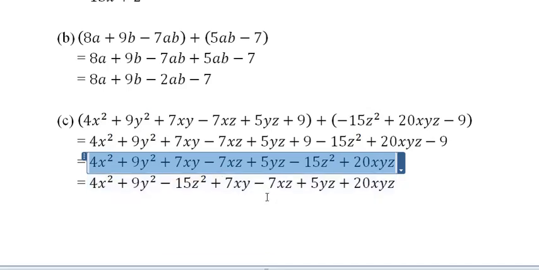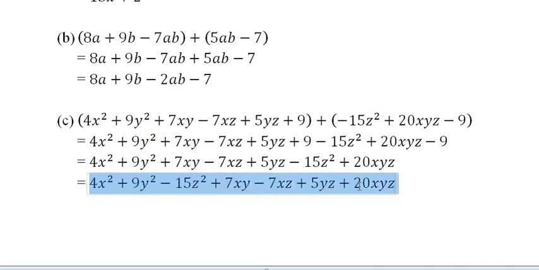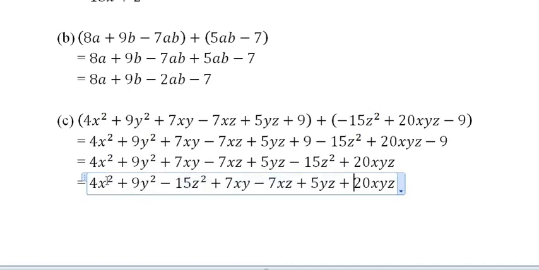But if you want to arrange in a proper way, then you can arrange like 4x square plus 9y square minus 15z square plus 7xy minus 7xz plus 5yz plus 20xyz. Okay, why are we arranging this way?